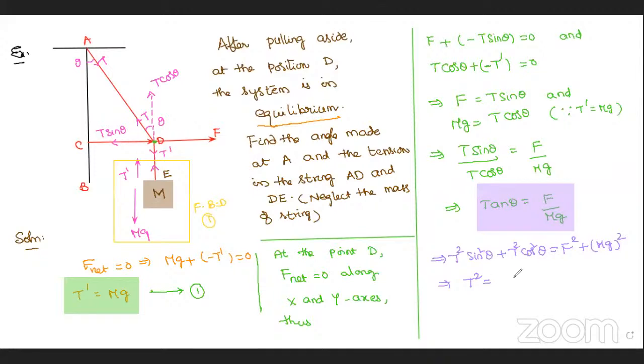Then T square equals F square plus mg whole square. Therefore T equals under root of F square plus mg whole square. Right, good. That's what I got here.